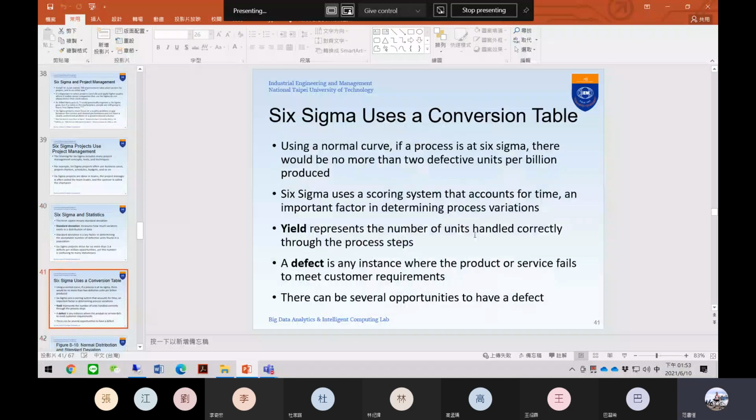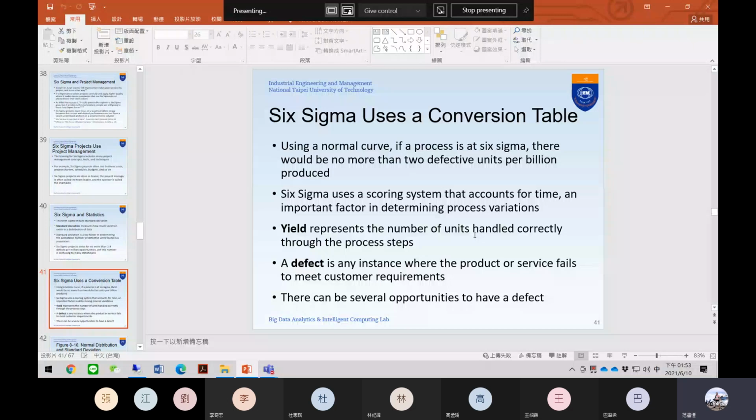So using a normal curve, if a process is at 6 sigma, there will be no more than 2 defective units per billion produced. So that's crazy.